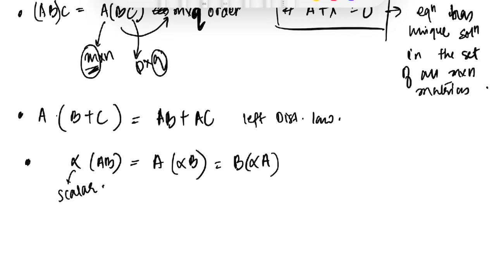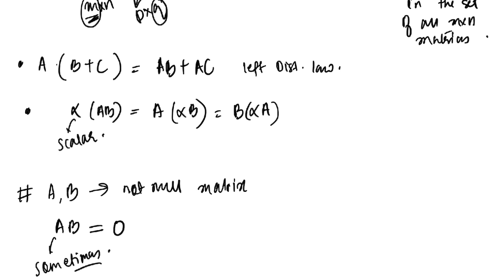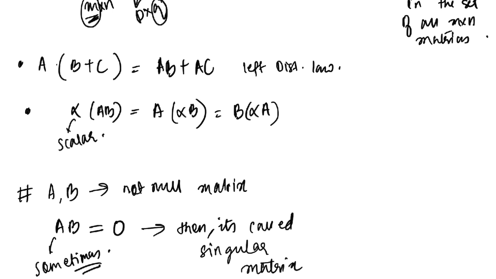Okay, what I mean to say is that if you have A, ठीक है, and B, ठीक है, these are not a null matrix, but still A into B can be 0, ठीक है, sometimes. And if it is so, then it's called a singular matrix.